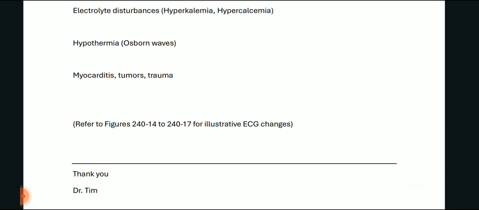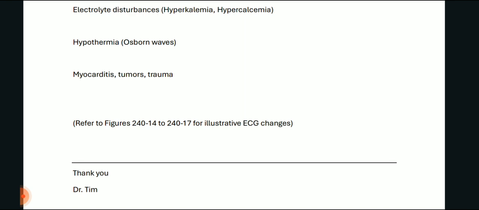All these can mimic ST elevation. Okay, so we'll see the figures. After we complete this second section, we'll also make a video covering all the diagrams of the diagnosis part. So we'll see them also.